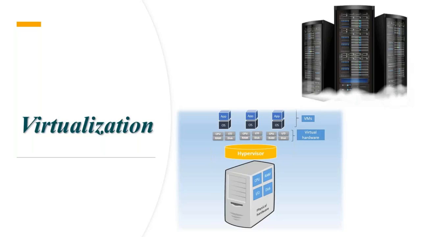On top of each virtual machine, you can maintain a different OS and different applications. You can segregate the CPUs, RAM, IO, and disk. That is a major enhancement done with virtualization.